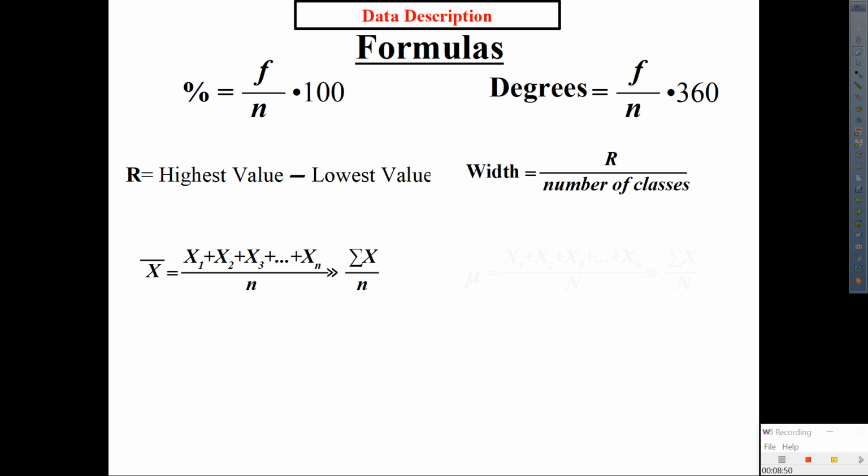All right, go ahead and copy those. And basically, that's the formula to find the mean for two different groups. The first one is the mean of a sample. And this one is the mean of the total population. But the process is the same.